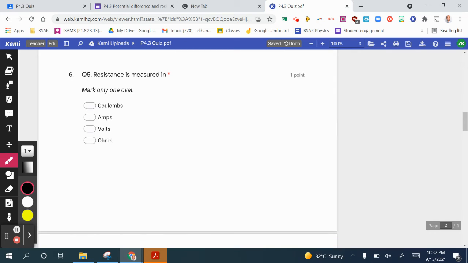Question 5. Resistance is measured in ohms. As a symbol, ohms is like a hat. That's the omega symbol. It's a Greek symbol, and resistance is measured in that unit, ohms.